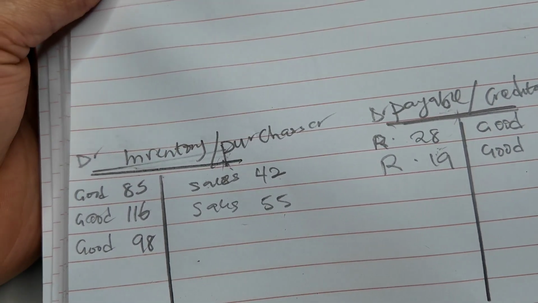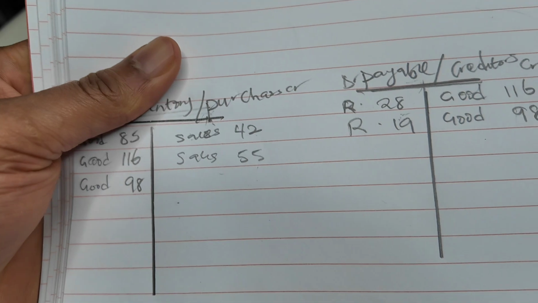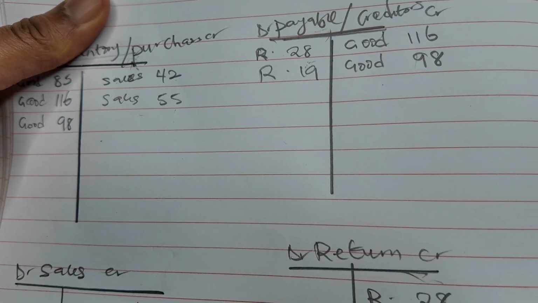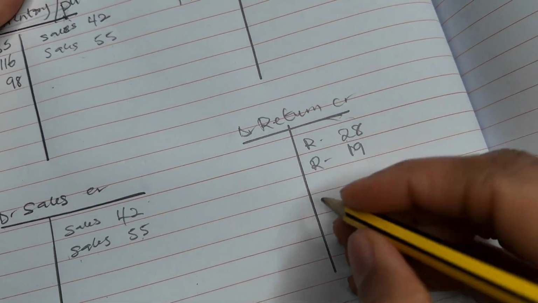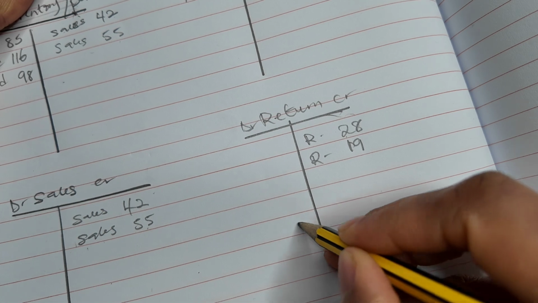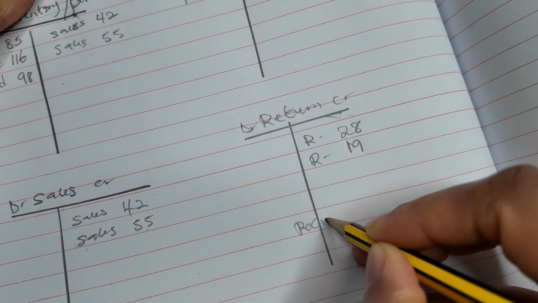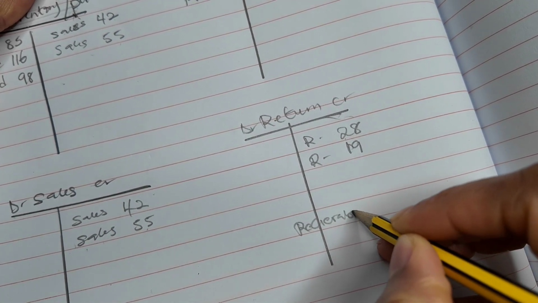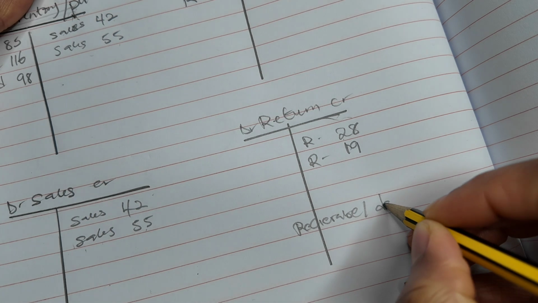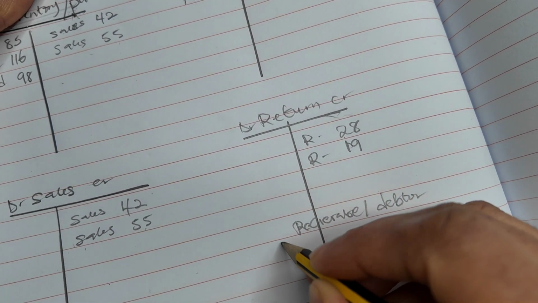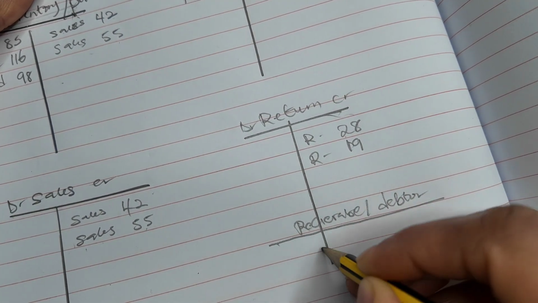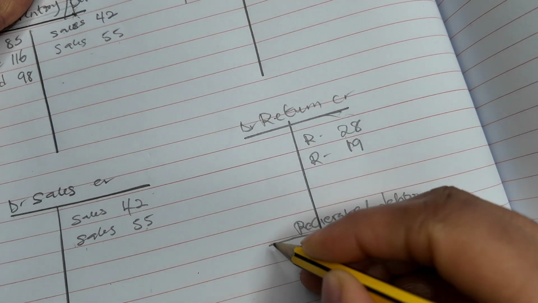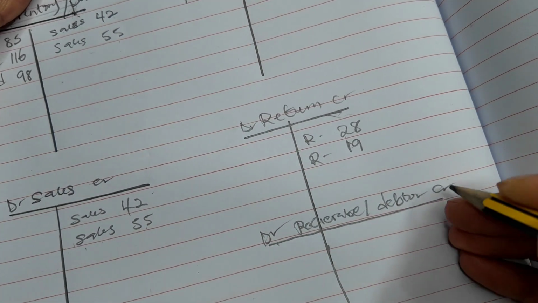However, this customer hasn't paid us. The customer is owing us, and therefore we have to open another account called receivable or debtors account. This is debit and this is credit.